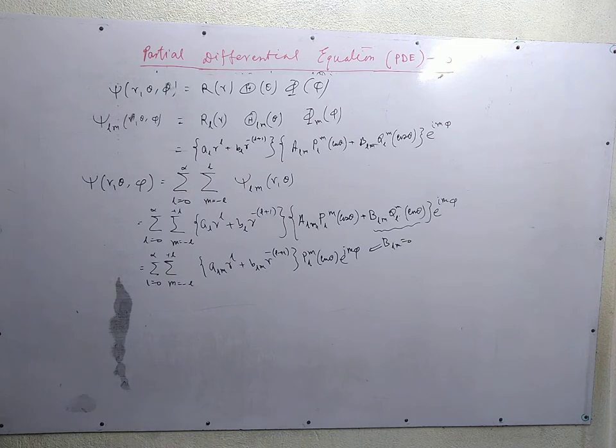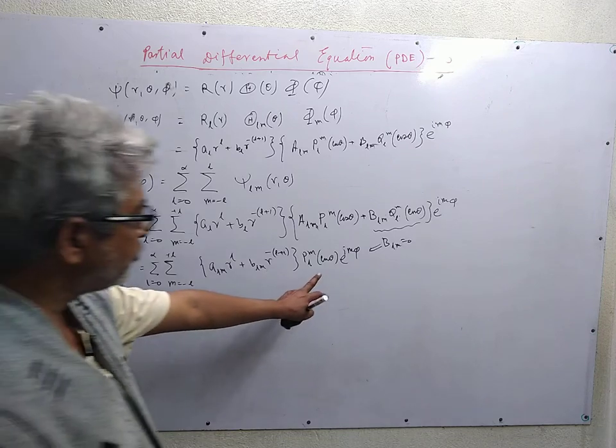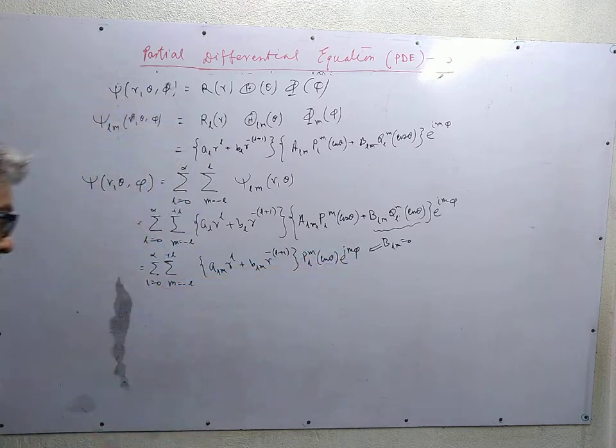Another simplification occurs when the system has phi independence. The solution of the physical quantity is independent of phi, in which case M is equal to 0, and this reduces to Legendre polynomial instead of associated Legendre polynomial.